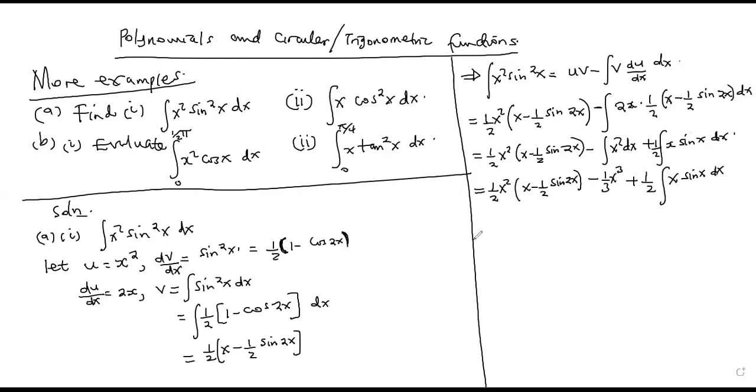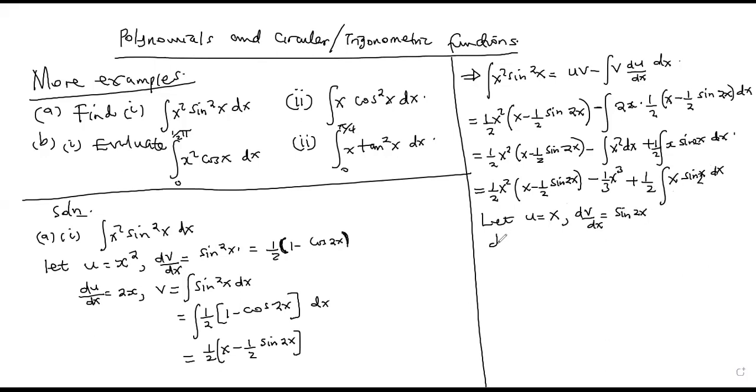This one here, we can apply another by parts. So we shall say let u equal the easily differentiated function, which is x. Actually, it is supposed to be sine 2x. I don't know why I'm moving with x alone. Sine 2x. So let u equal x, and let dv dx be equal to sine 2x.